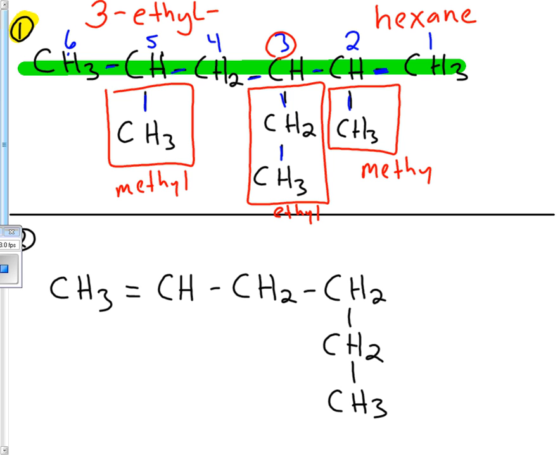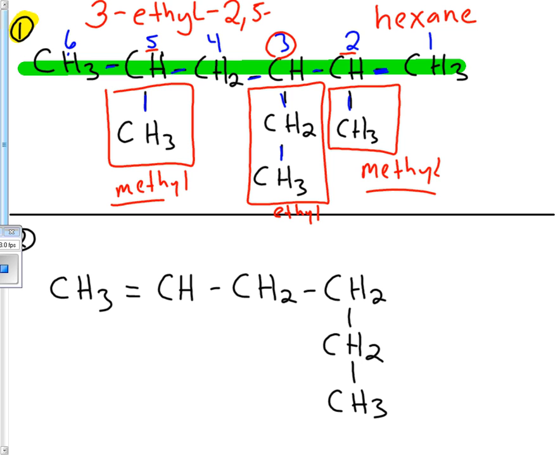Now we need to give the addresses for our methyl groups here. As you can see, our first methyl is at 2, our second methyl is at 5. Since we have 2 separate methyl branches, we need to give 2 separate numbers. So we'll say 2, comma 5, dash, and we have methyls here.